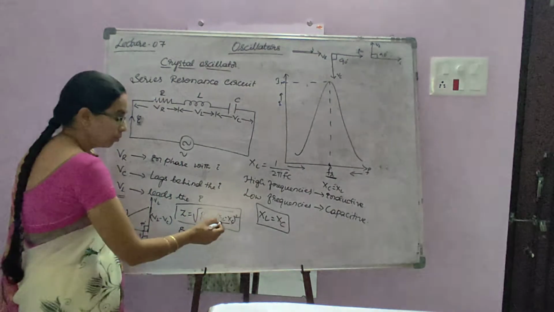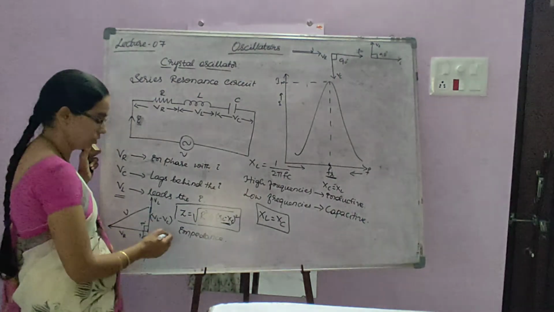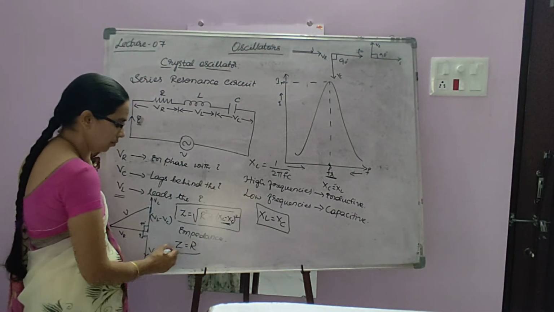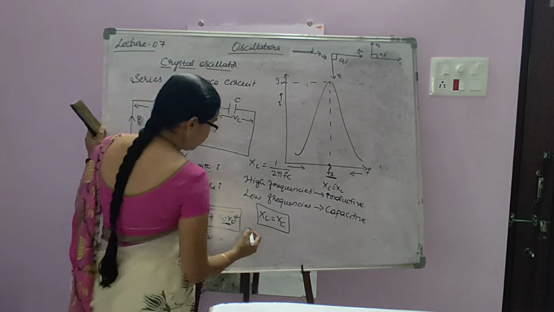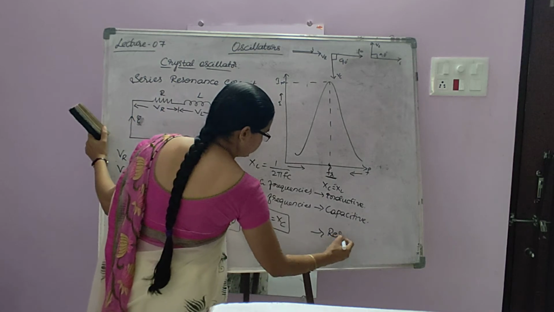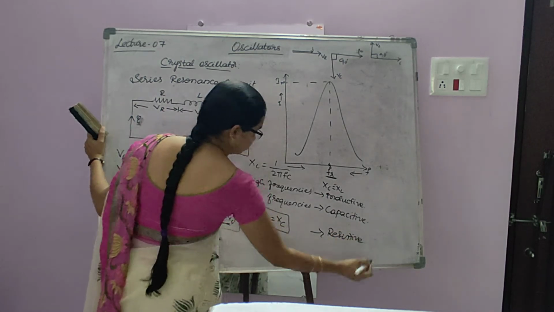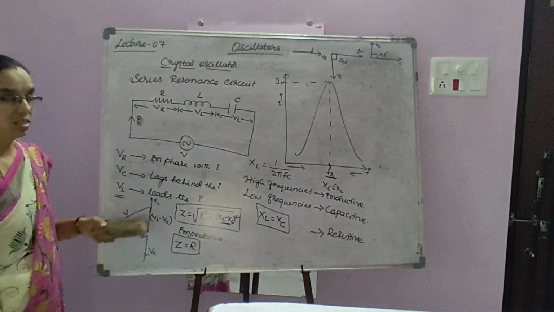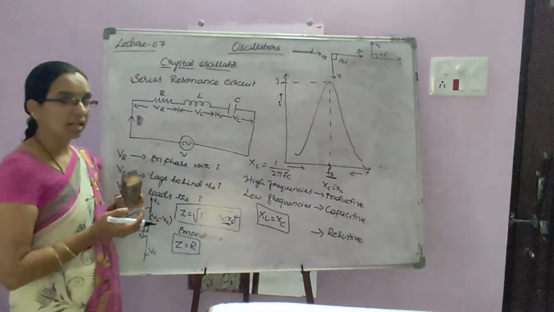What happens if they become equal in this equation? Z is equal to R. At that time the circuit will become purely resistive, and this resistance is very small compared to the reactances.